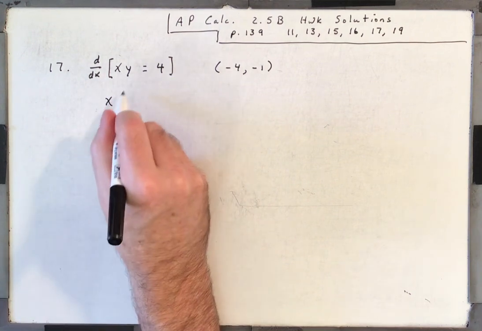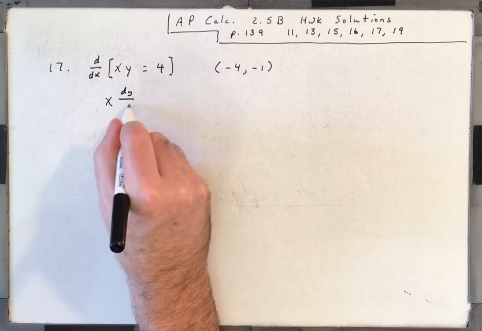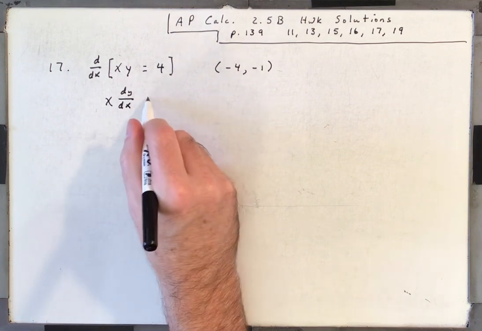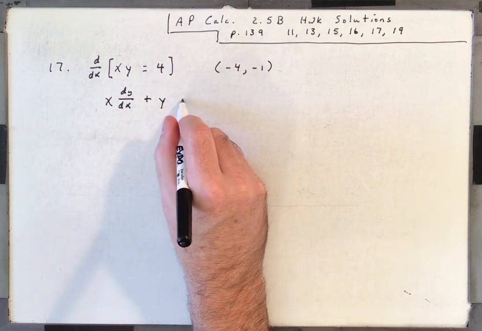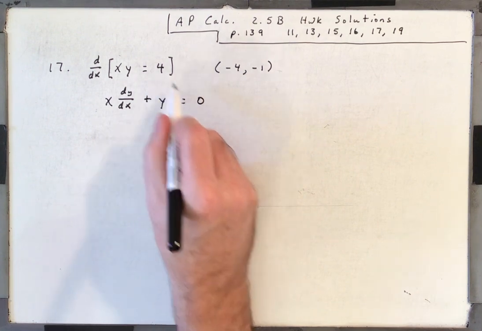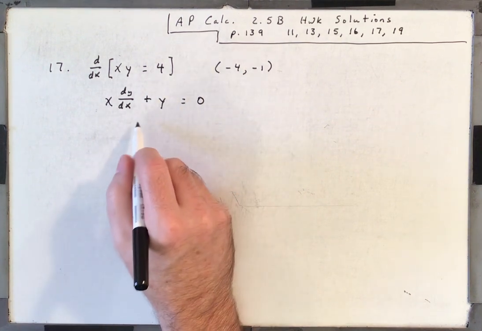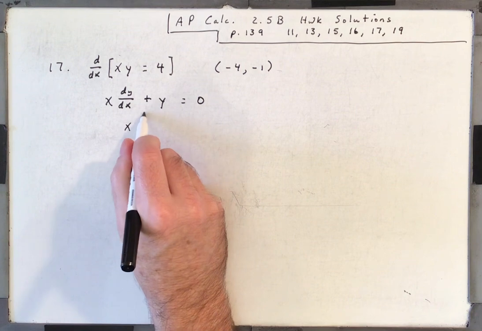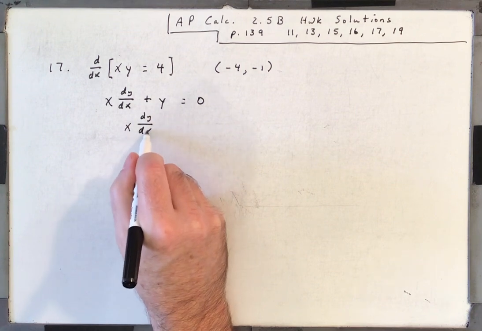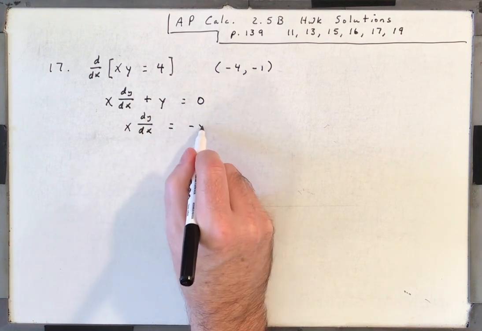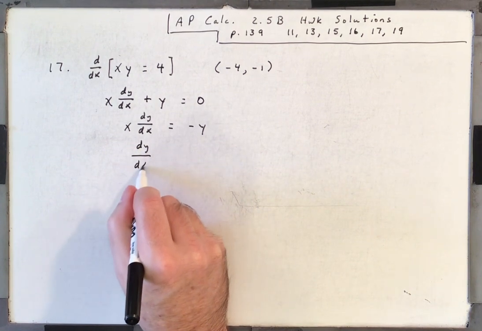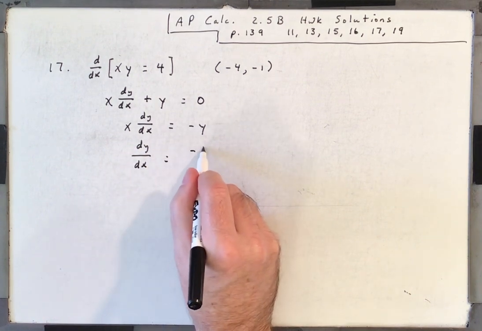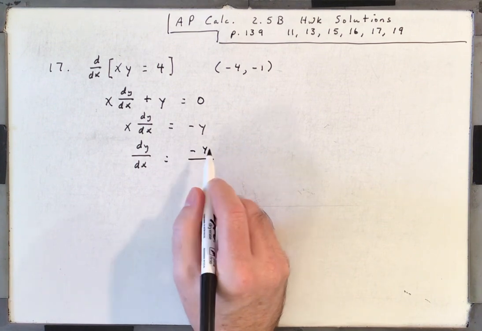The first, x times the derivative of y, dy/dx, plus the second, y times the derivative of x, which is 1, is equal to the derivative of 4, which is 0. So we have x dy/dx is equal to -y. So dy/dx is equal to -y over x.